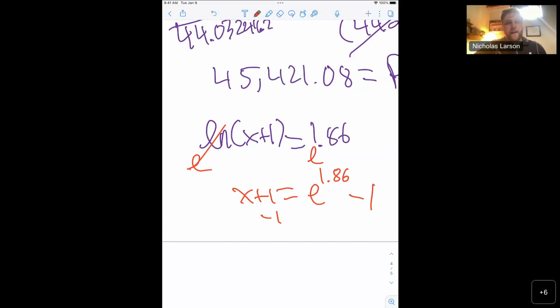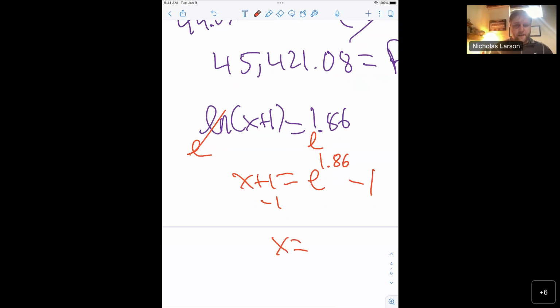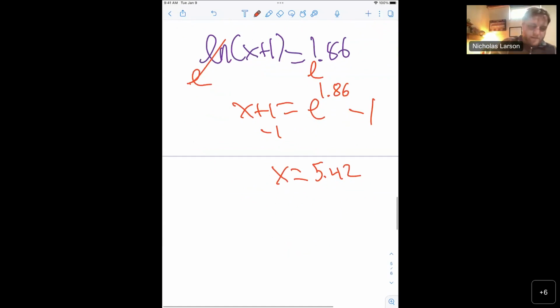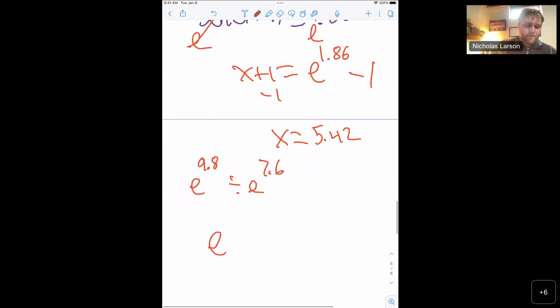And then the second question, and again, the directions say to round to 2 decimal places. So I get x equals 5.42. And then the second one's, I'd say, even a little bit easier. It's e^9.8 divided by e^7.6. Well, this could be rewritten like this.